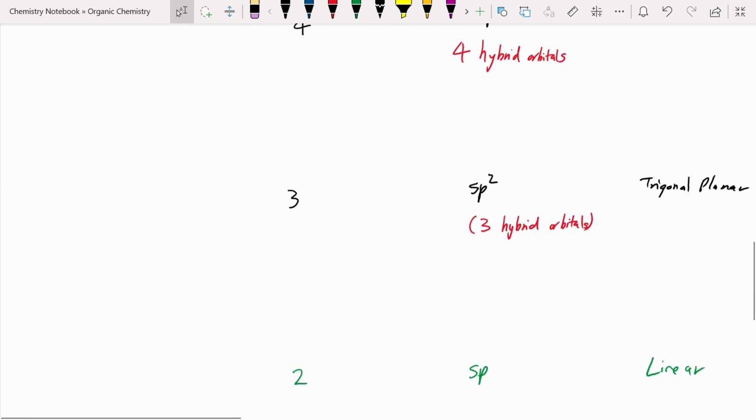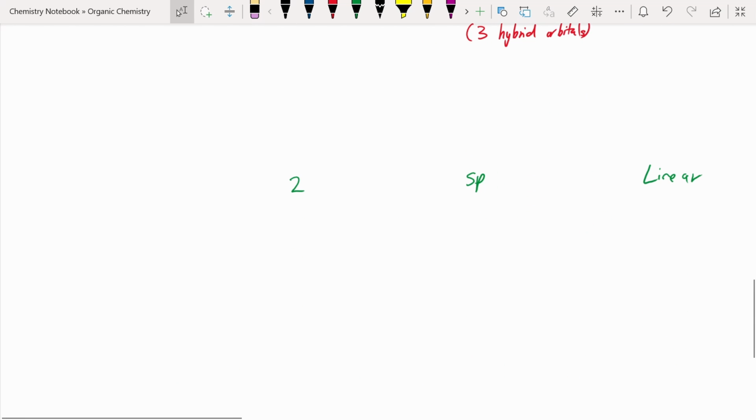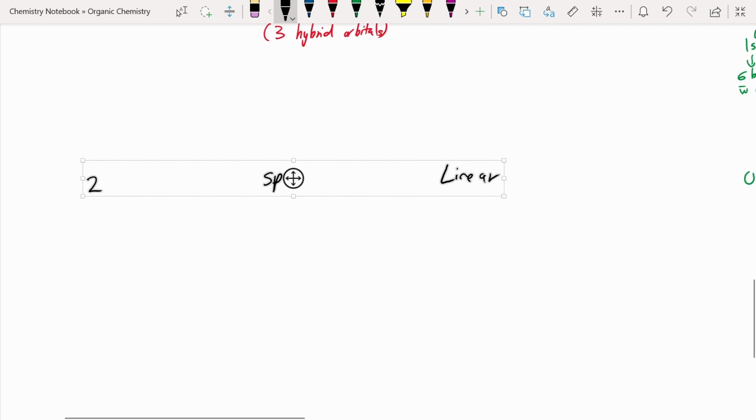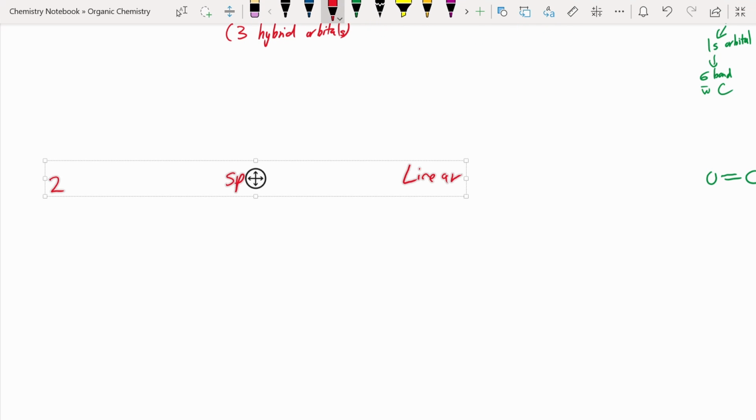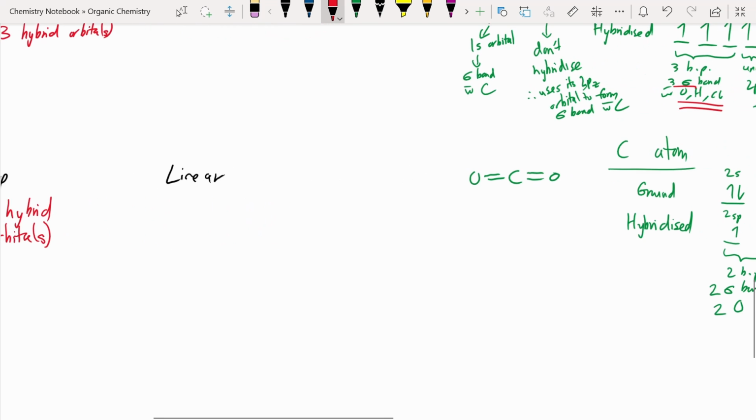Alright, the last one, this one has steric number 2, for sp. You will need 2 hybrid orbitals, and the electronic geometry is linear in shape.